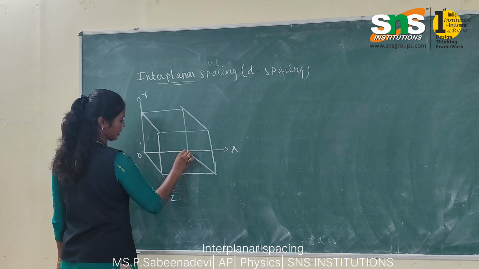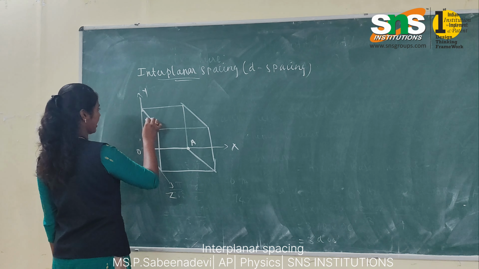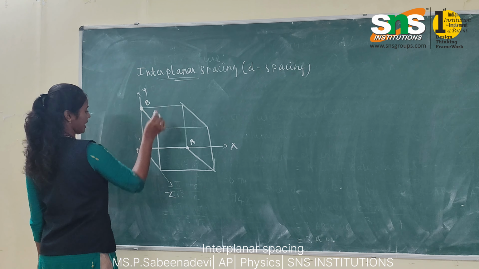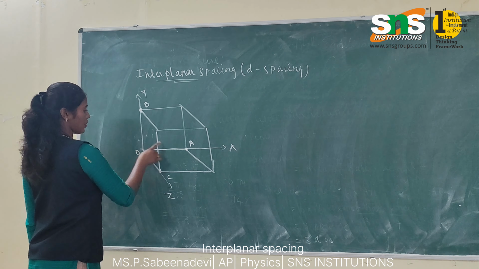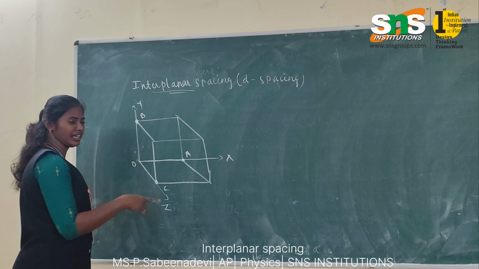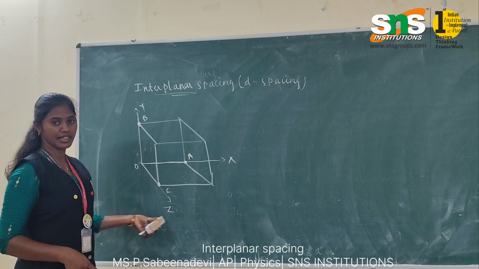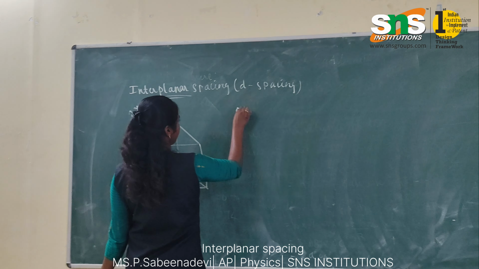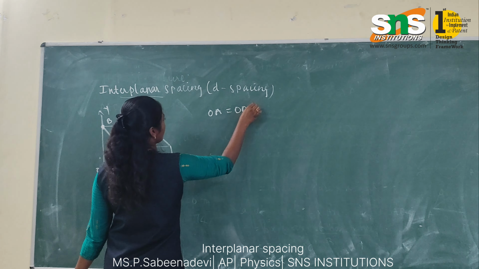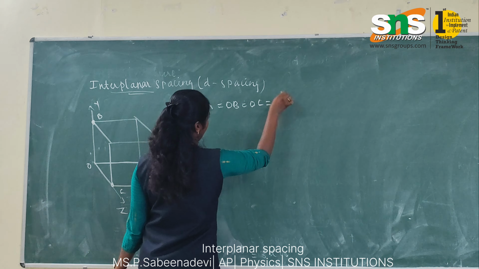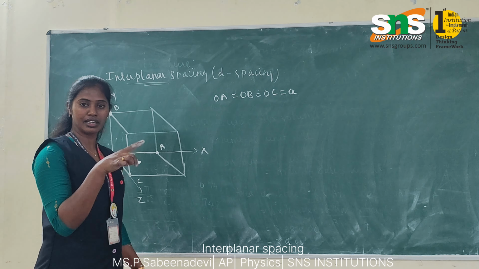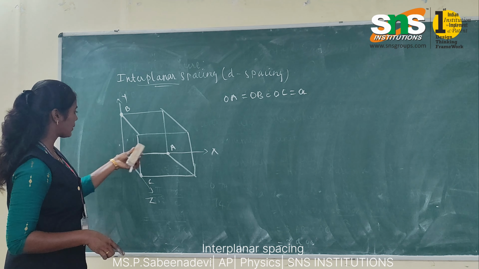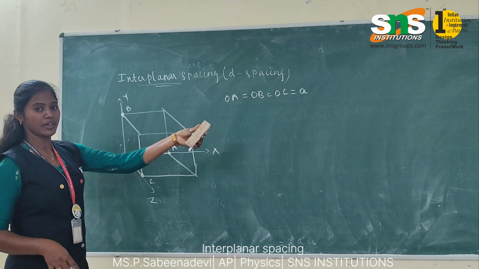On the x-axis the intercept is a, on the y-axis the intercept is b, and on the z-axis the intercept is c. The distance OA is a. Here it is a cubic cell, so all sides are equal. OA, OB, OC is equal to a. In a cubic structure, all the sides are equal.